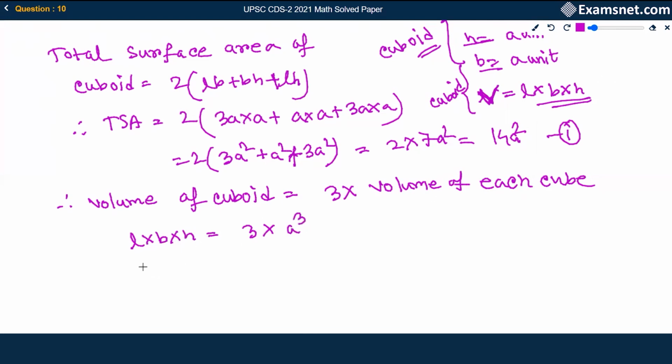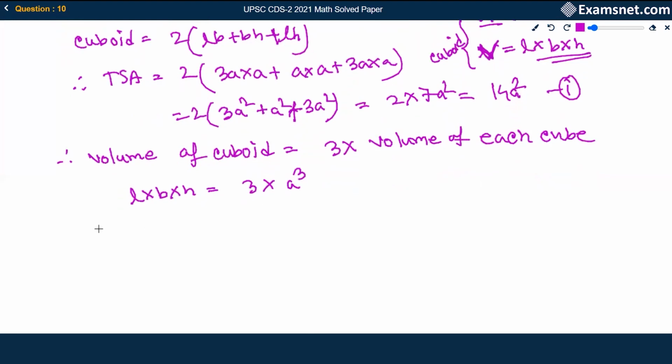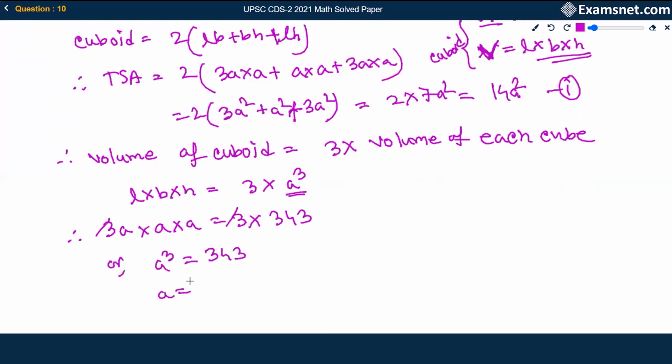Okay, so here let's put all these values of LBH in terms of A, that is 3A, 3, and already we know the volume value for A cube, that is 343. Now let's solve it. It will be 7. So here A is 7 centimeter.